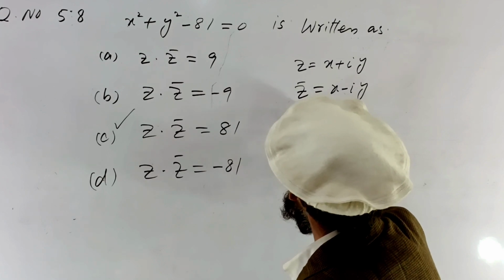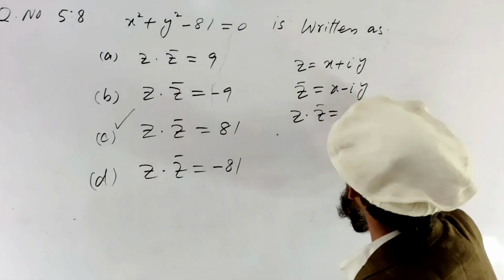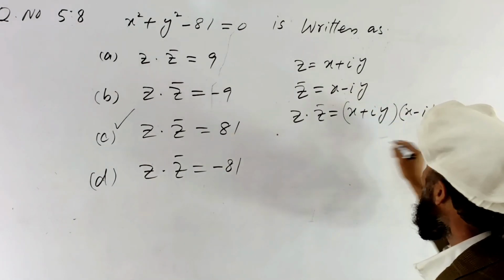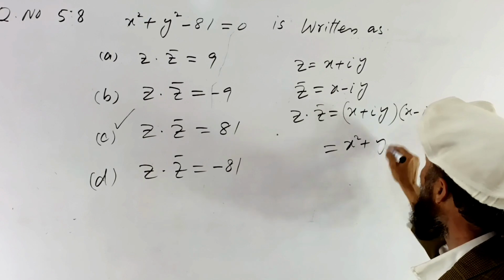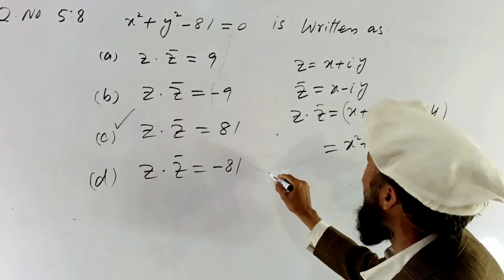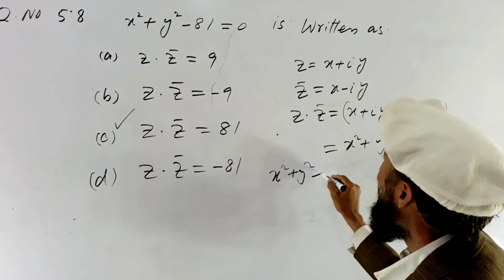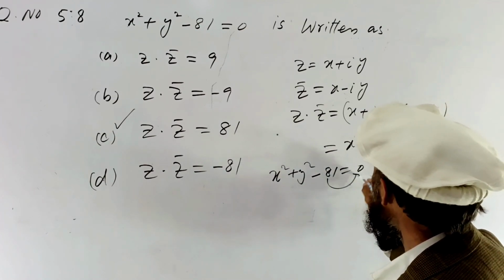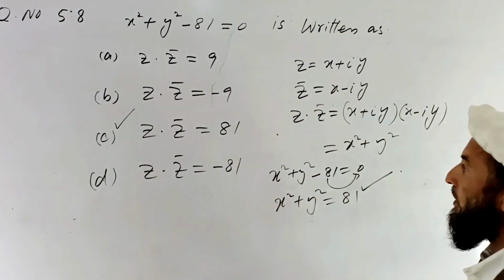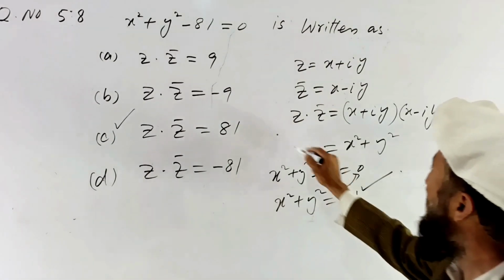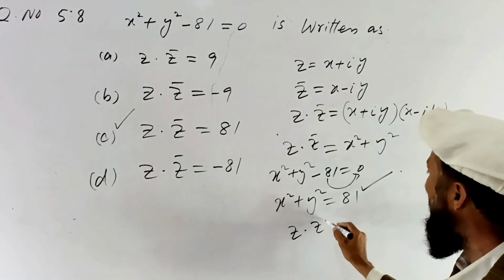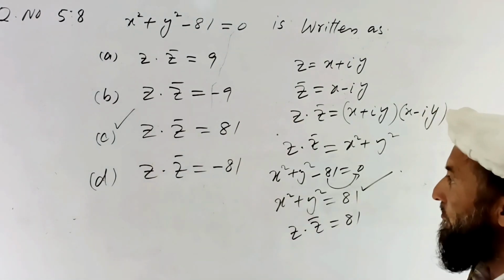If we take their product, x plus iota y into x minus iota y, we will get x square plus y square. Given that x square plus y square minus 81 is equal to 0, we change this result: x square plus y square equals 81. So the correct answer is z into z bar is equal to 81.